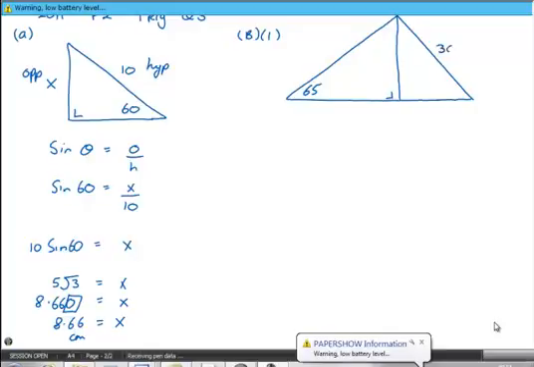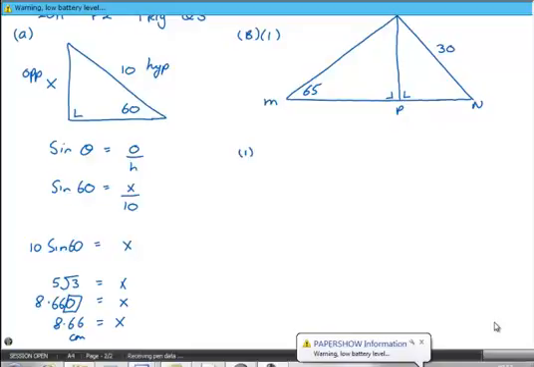You're told this length is 30. It's O, M, N, P. That's 90. You can of course calculate this top angle, the angle MOP, but we'll leave it blank just for the moment. Our first job is to calculate OP.